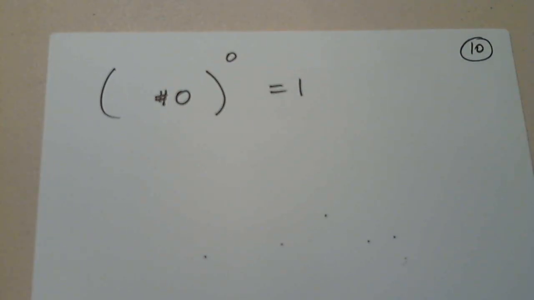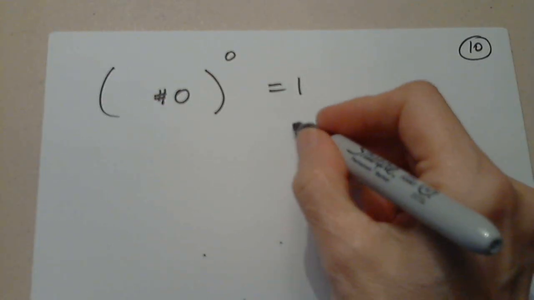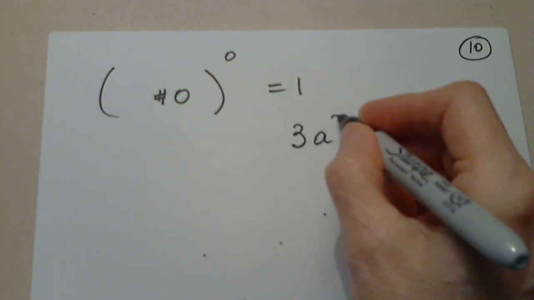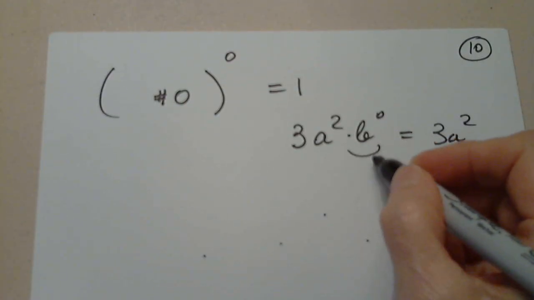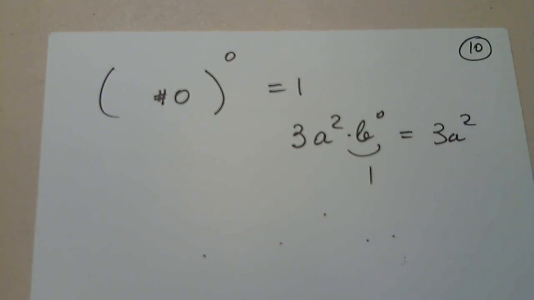The way I think of it is if it's grouped to the power of 0, it's going to be 1. Exactly, that group is 1. Now if it's like 3 times a squared times b to the 0, then you have 3a squared because this is 1. Perfect.